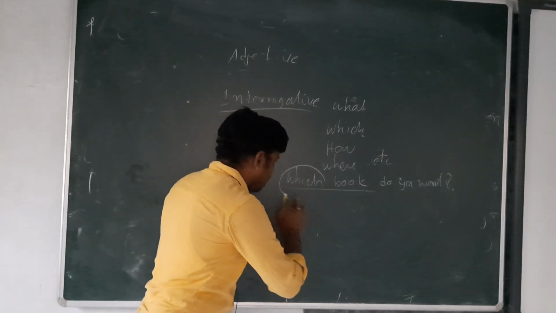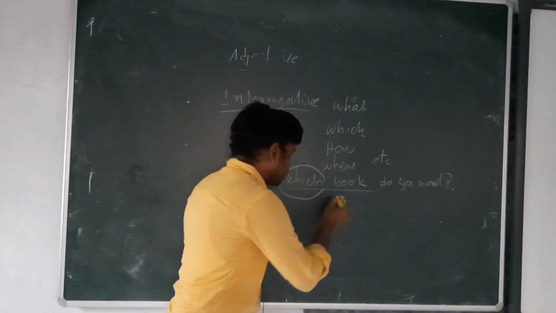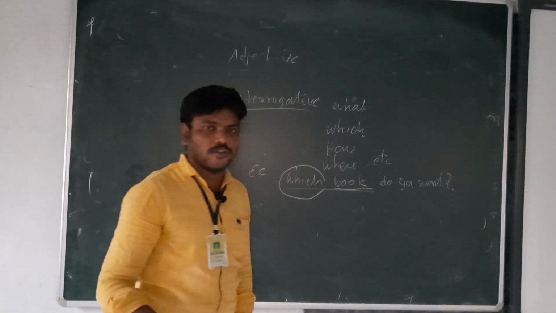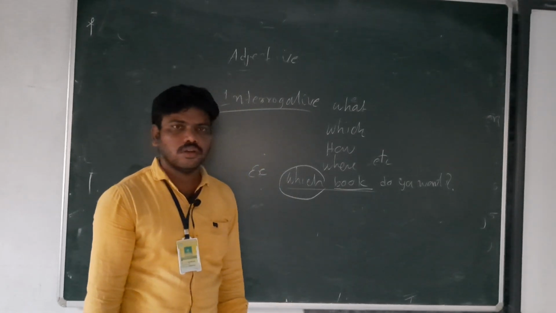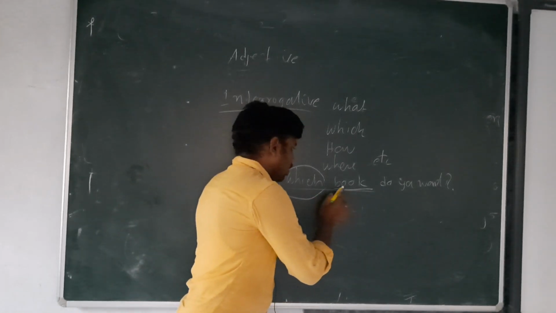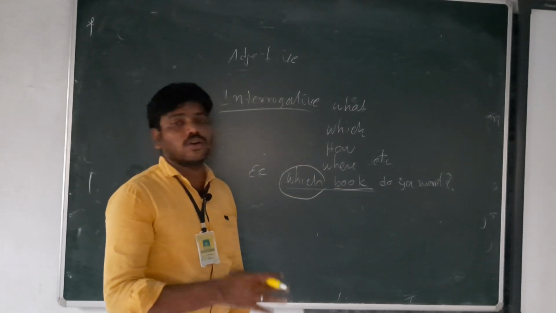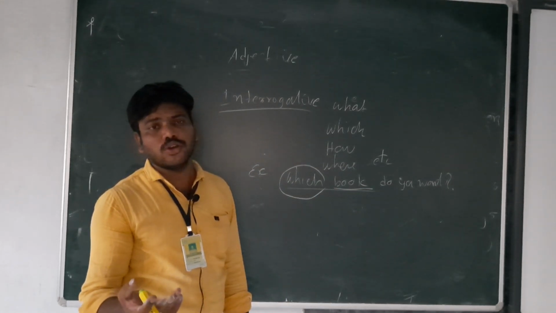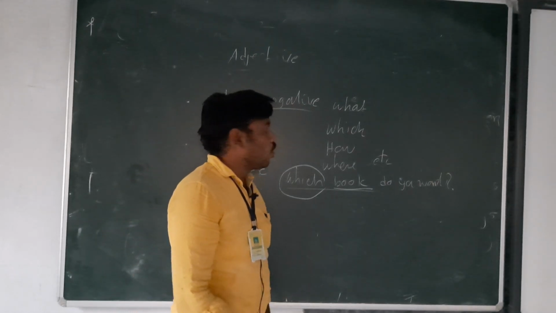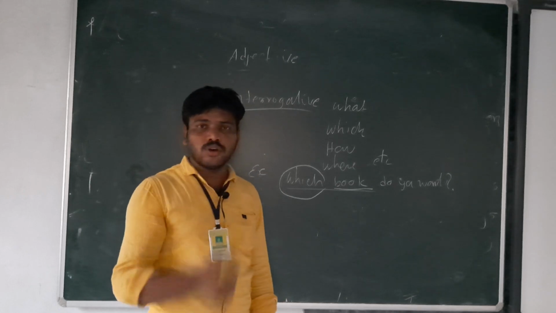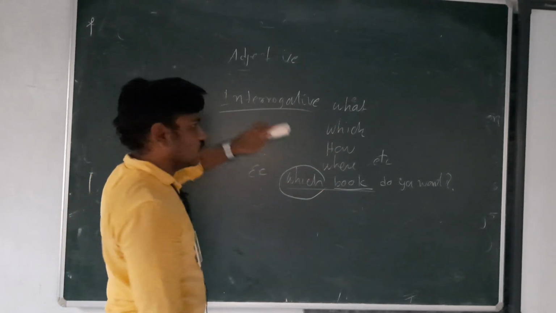Which is called interrogative adjective because book is noun form. So that is the difference between interrogative pronoun and interrogative adjective. Which book do you want? What sweet do you like most? So these are called interrogative adjectives.